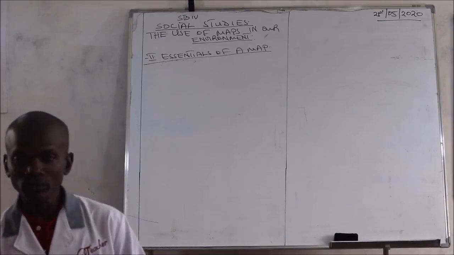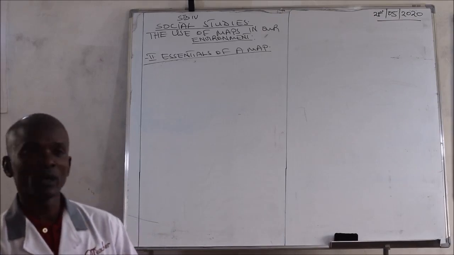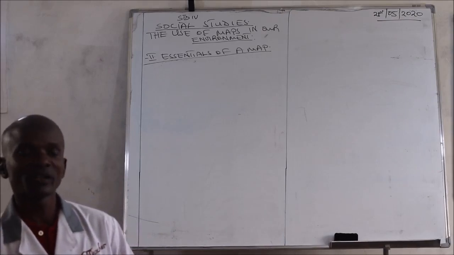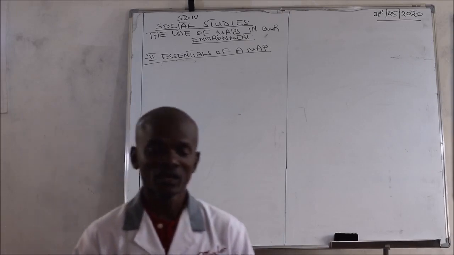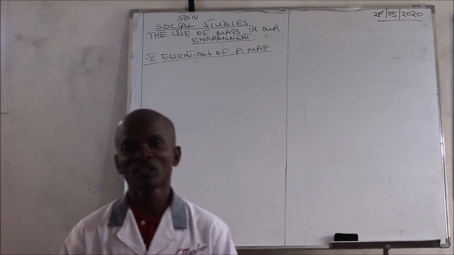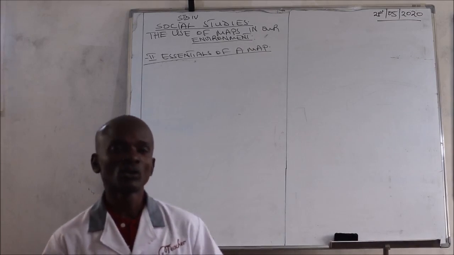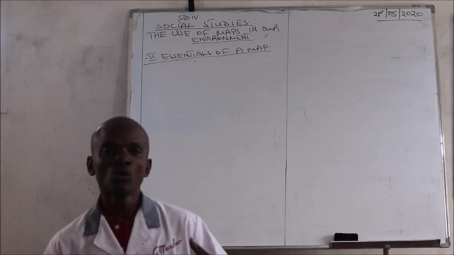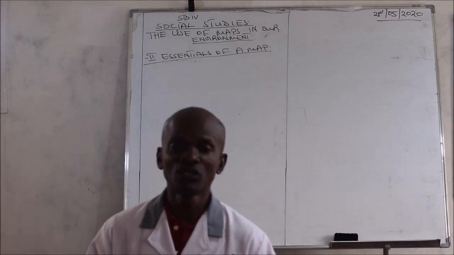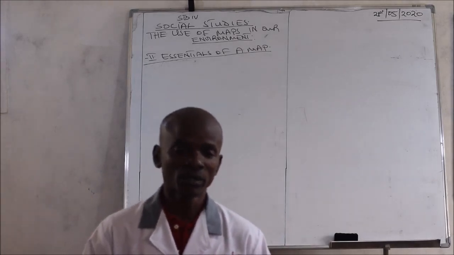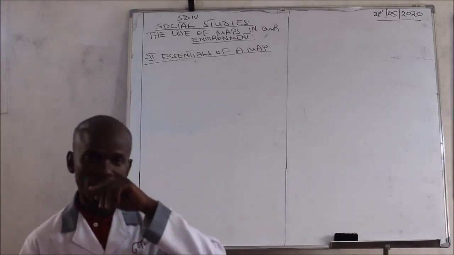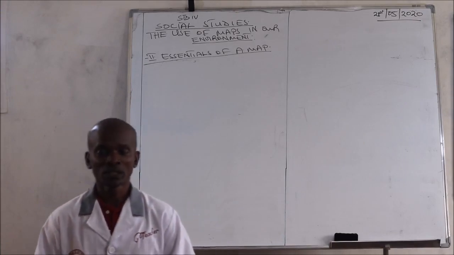We also looked at the cartographer and cartography. One is the preparation of a map, and the other is the one who prepares and draws a map. This is just a revision of what we discussed last time.